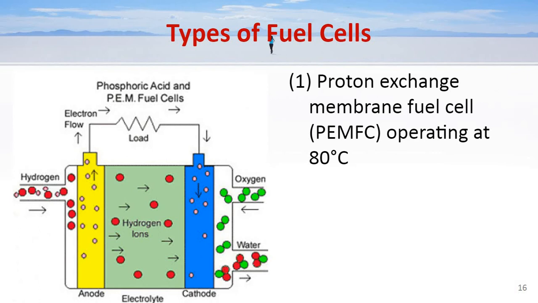This type of fuel cell is portable, and mostly they are used for portable fuel cell applications. They operate normally between 50 to 100 degrees centigrade, and mainly they are used for transport applications.